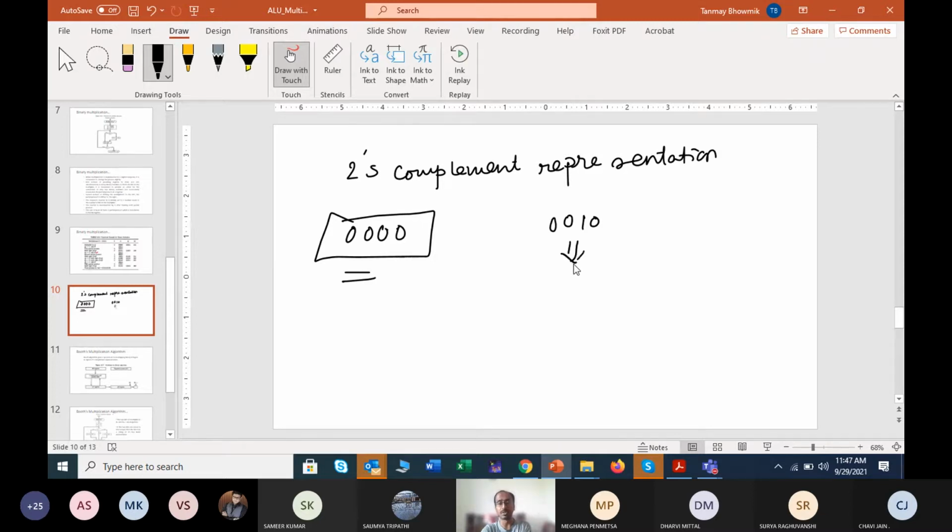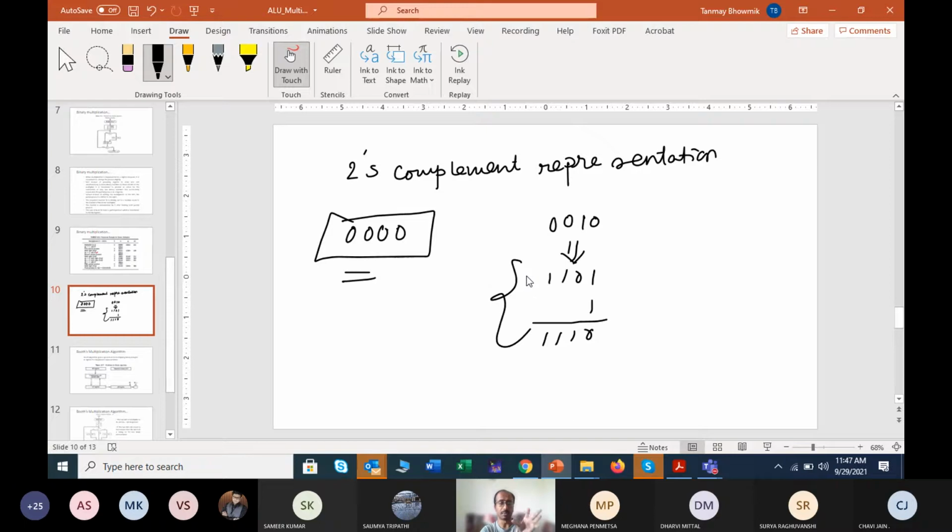So you can follow any process. So 0 0 1 0 gives 1 1 1 0, and after adding one more it is 1 1 1 0, right? This type of thing we usually did in 2's complement representation.